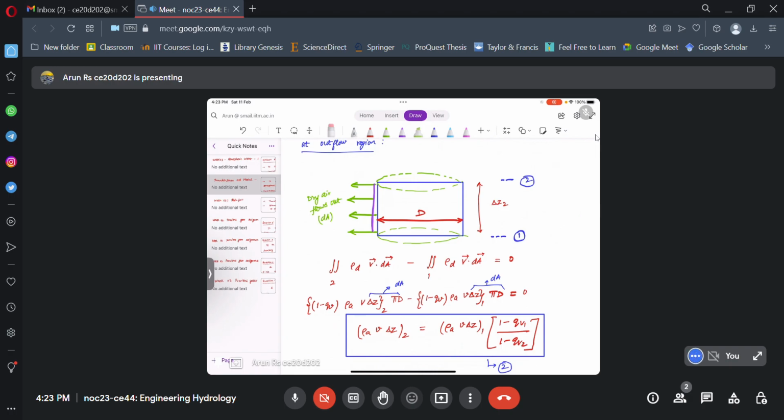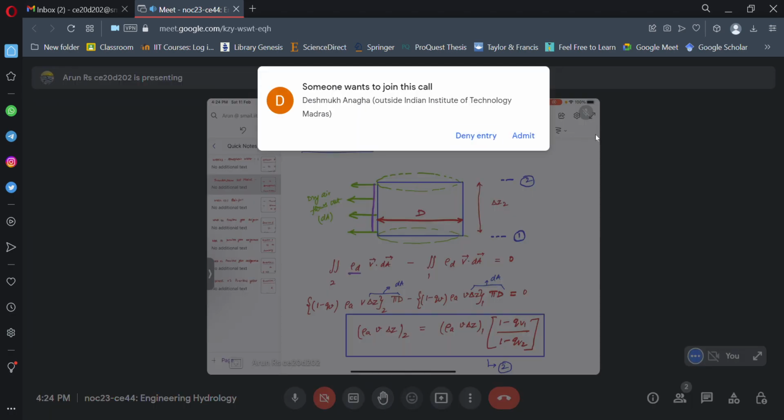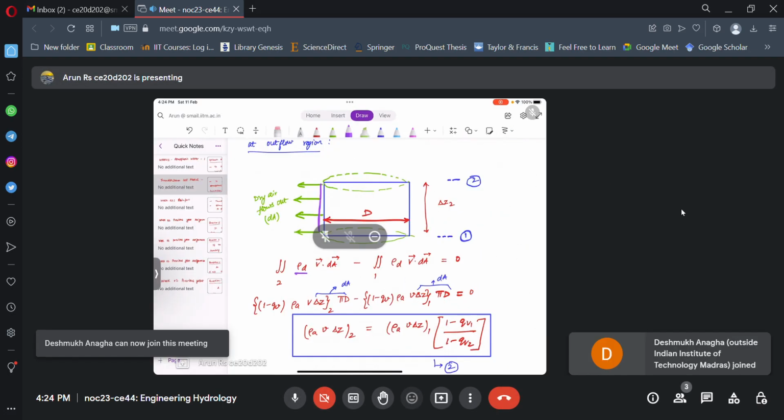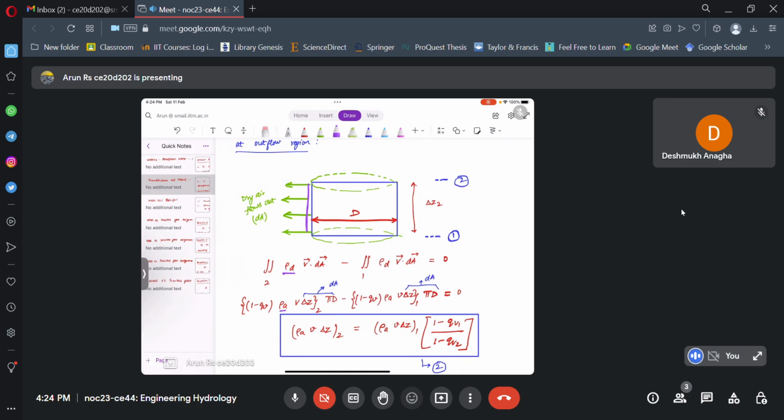Substituting the expression for rho d which we found earlier, the dry density we have written as 1 minus qv into rho a, and here we are giving the upward air velocity as v itself, and this cross-section area A is the lateral surface area of the cylinder, which is given by pi d into h.